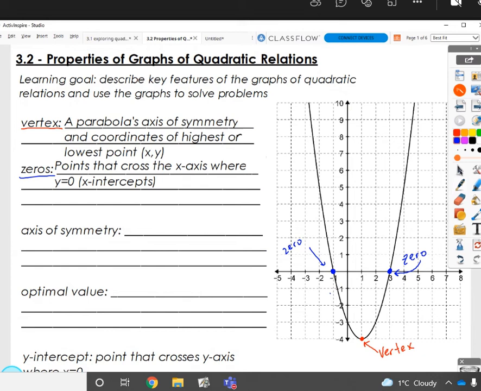Oh, this is a good one. The axis of symmetry. It's a line that separates the parabola into two identical parts. And I wrote in brackets there the x value of the vertex, which is actually pretty cool. So this vertex, you said it was coordinate 1, -4.